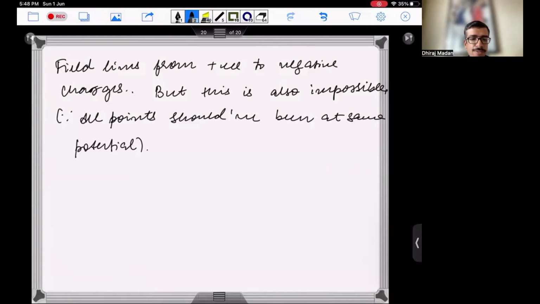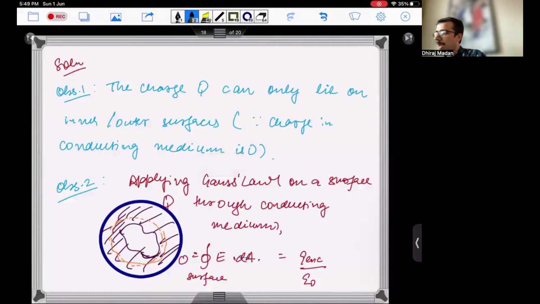That potential difference we cannot have. So essentially the total charge is Q, therefore we have that. So there are no induced charges on the inner surface, and as we said earlier, the net charge capital Q must lie on the outer surface only.